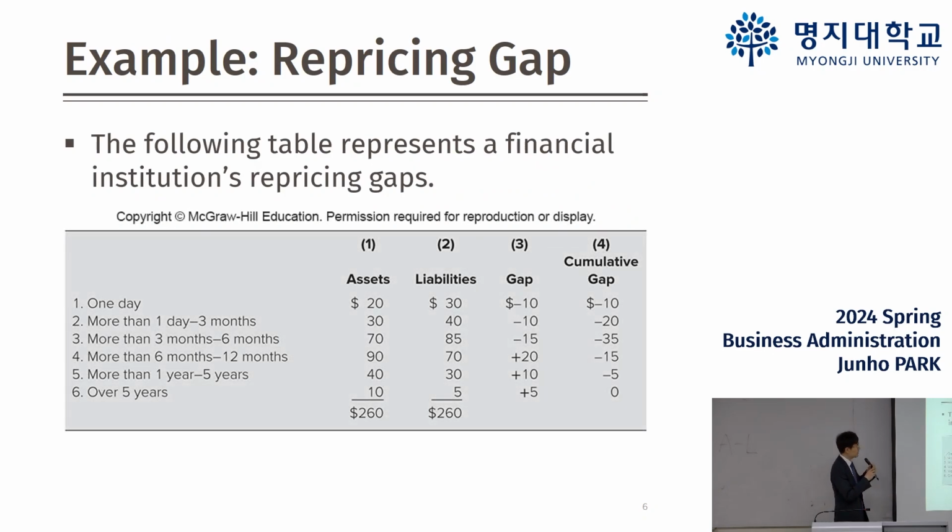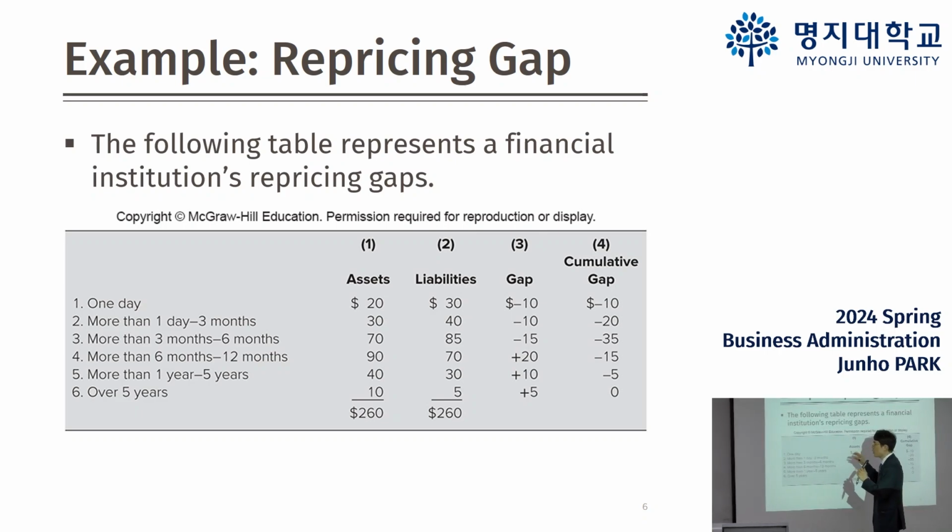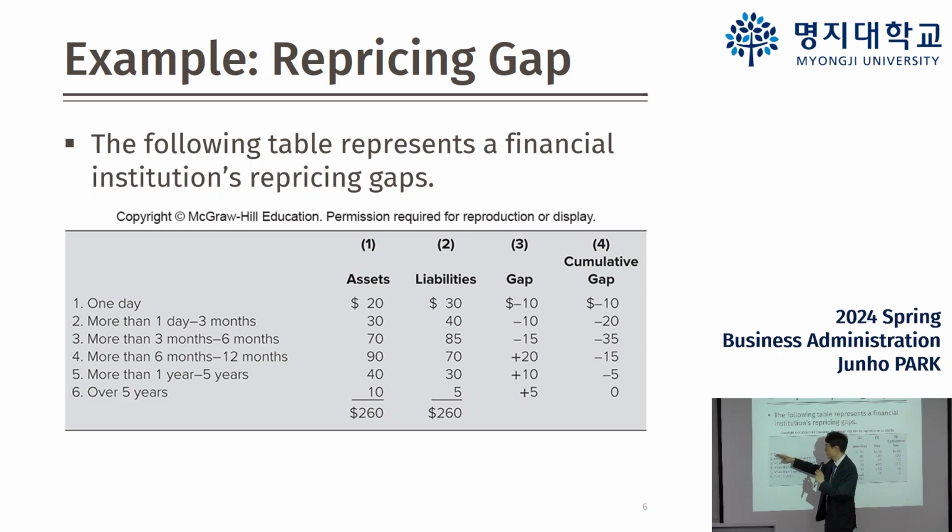So this is the financial institution's current situation, and here, based on maturity, they classified their assets and liabilities into 6 buckets.